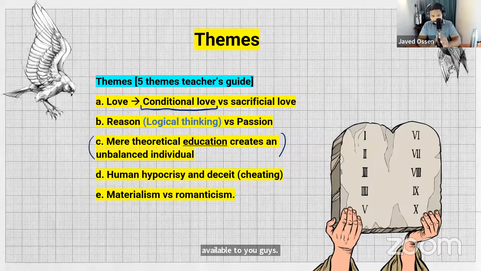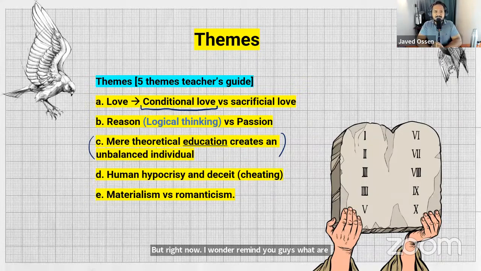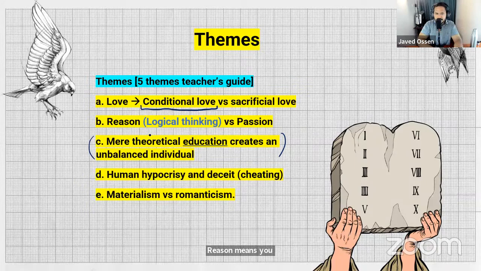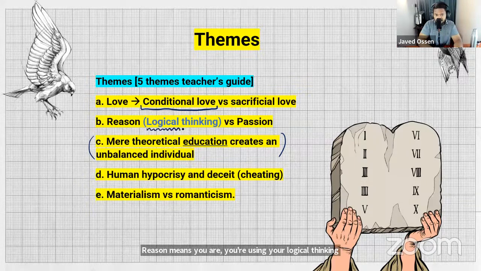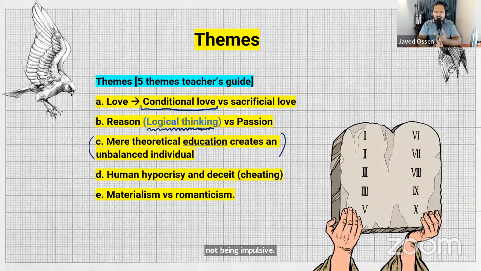But right now, I want to remind you guys, what do you mean by reason versus passion? Reason means you're using your logical thinking. Before you take a decision, you are thinking logically. You are not being impulsive. You are not letting your passion dictate you. When are we passionate? When are we impulsive?